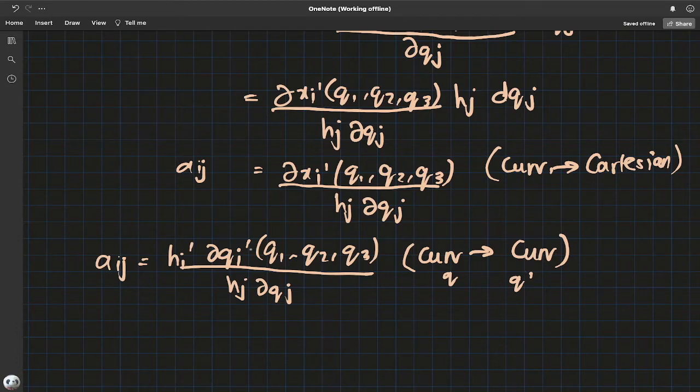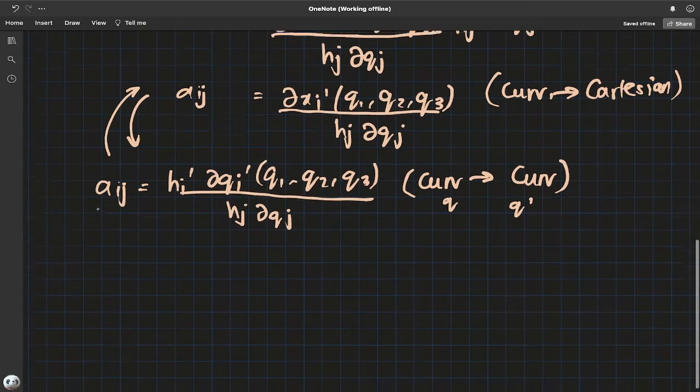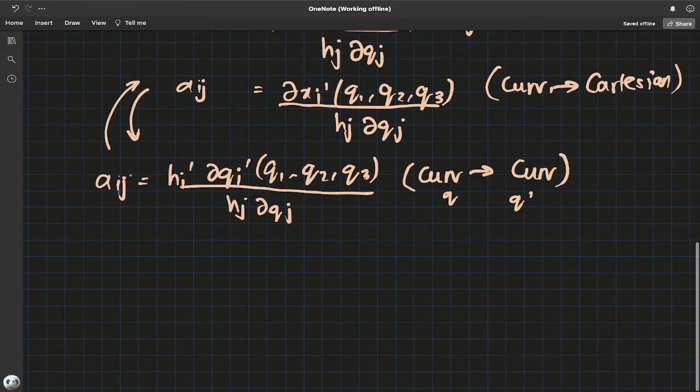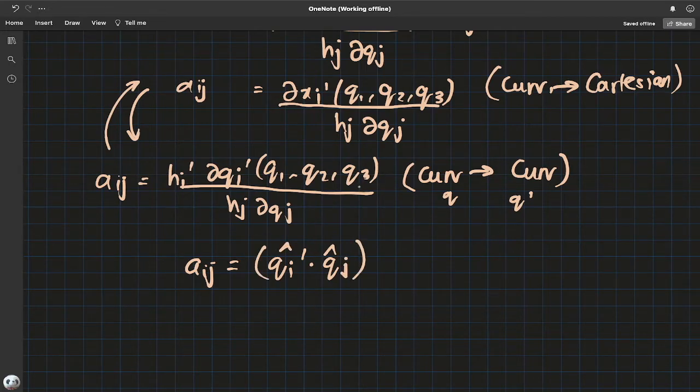If you set, say, the prime scaling factor to 1 and change from the q primes to x primes, you just get the top formula. So it's like a sanity check for us. And again, in a similar way you can define the matrix with the dot product: q sub i prime dotted with q sub j hat, at least for this case.